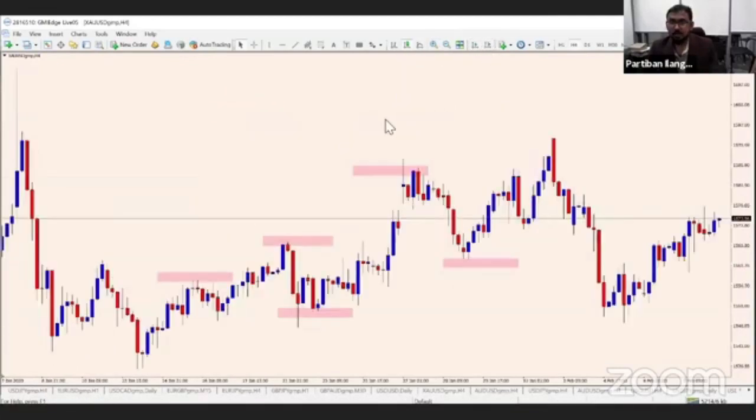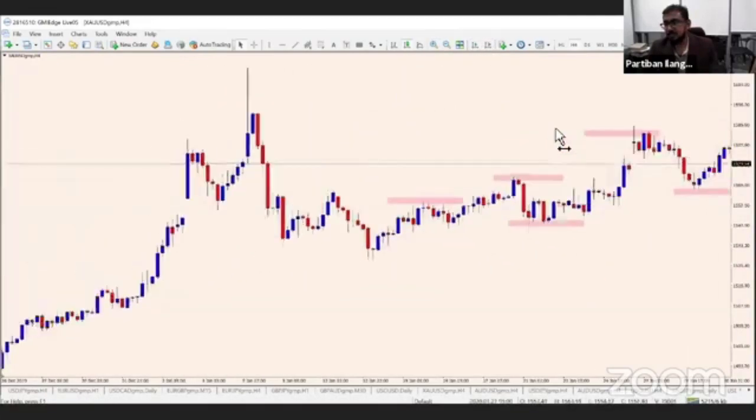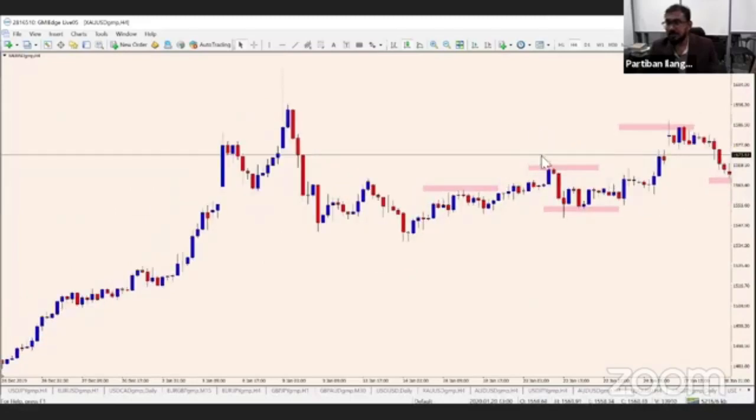Assume you don't know the future, which is true, we don't know the future over here. So what you can do at this point is identify the high, the previous high over here, and the previous high over here. And the low, currently the low is over here, the next low over here, the next low over here.